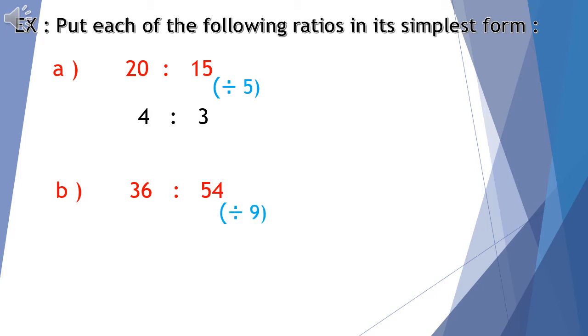We can divide both sides by 9. 36 divided by 9 equals 4. And 54 divided by 9 equals 6. And we can divide by 2. Then the ratio in simplest form is 2 to 3.